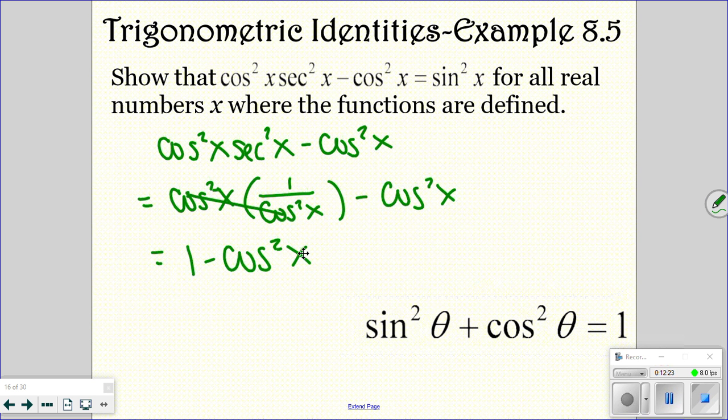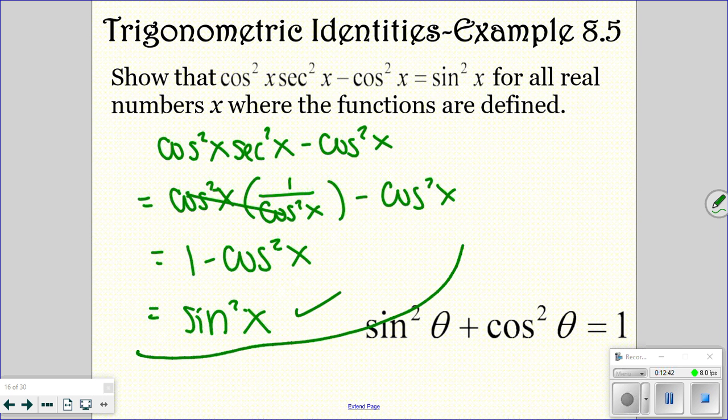We have 1 minus cosine squared. So if I have a 1 and a cosine squared, I can move the cosine squared over. And what is 1 minus cosine squared equal to? Hopefully you said sine squared, because that is what it equals. And if you look, that's what we have here, so that works. So this would be your answer.